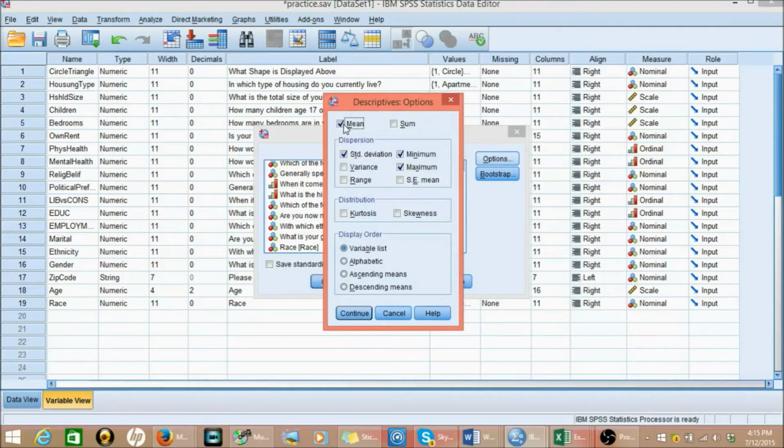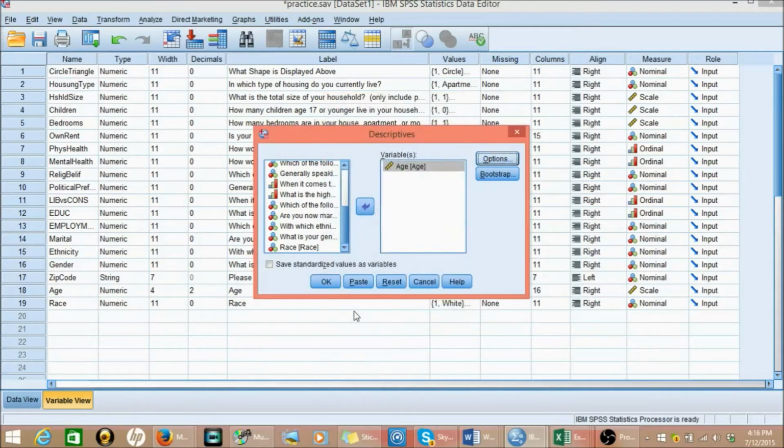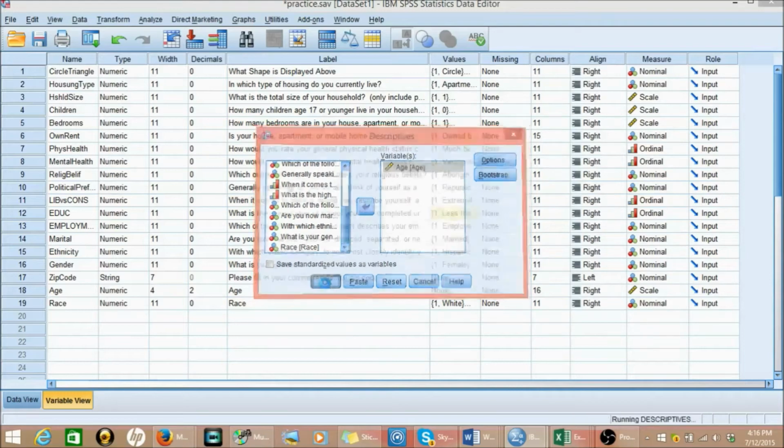Age is an interval ratio scale variable, and because of that I definitely want my mean or average, my standard deviation, minimum and maximum. So I'll know the oldest person that took the survey, the youngest person, and the average. I'm going to hit continue and OK.